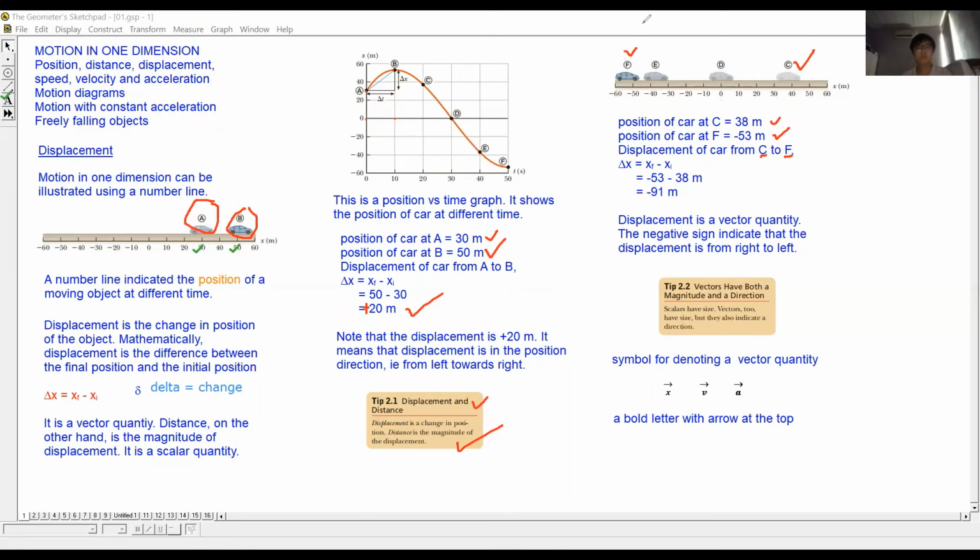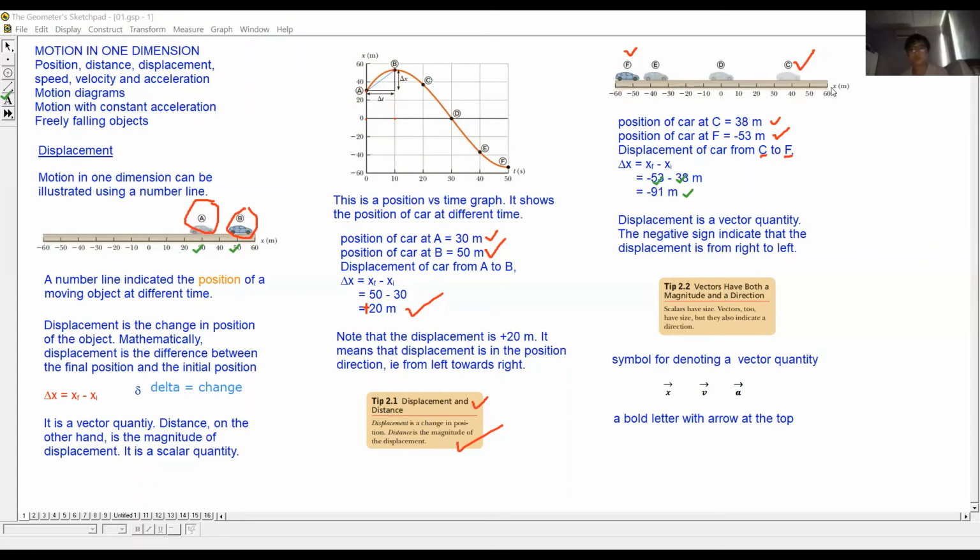So how much is the initial position? 38, final negative 53. So I use the final position, negative 53, minus the initial, positive 38. So in the end, I get negative 91. So I say that the displacement of the car from C to F is negative 91.